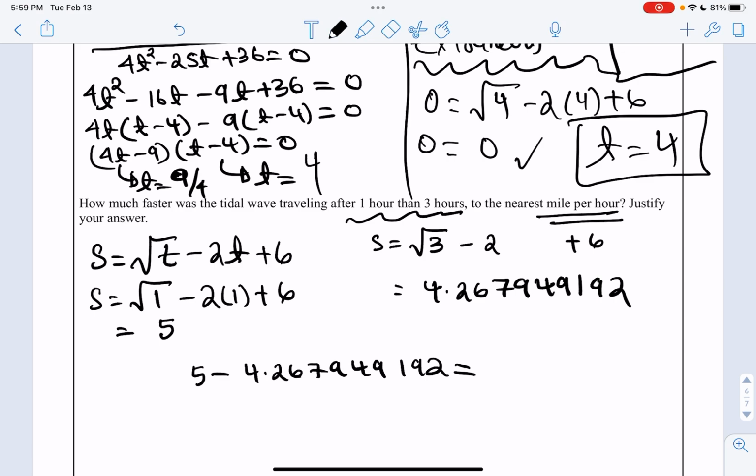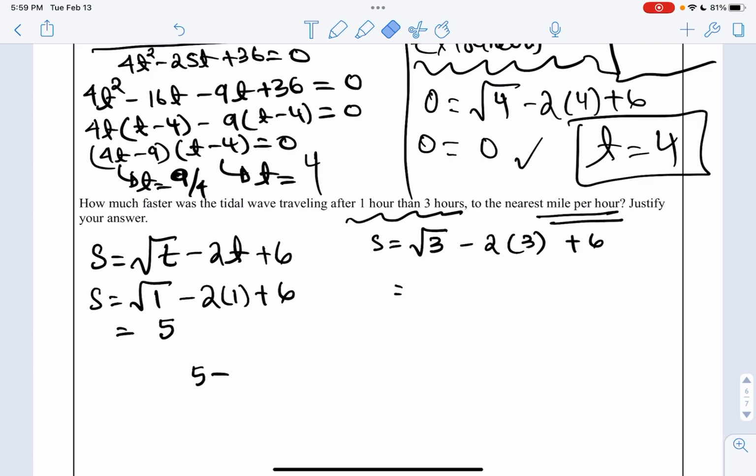See, I knew today I'm rushing too much for this video. Okay, let's do it one more time. Radical 3 minus 6 plus 6, which is just radical 3. Okay, so I'm going to subtract these two. 5 minus radical 3 is equal to 3.267949192.